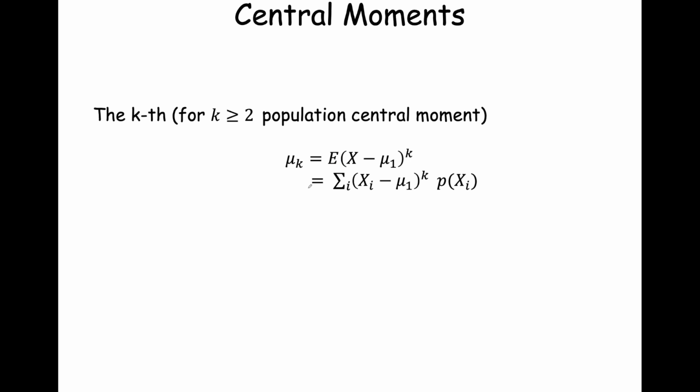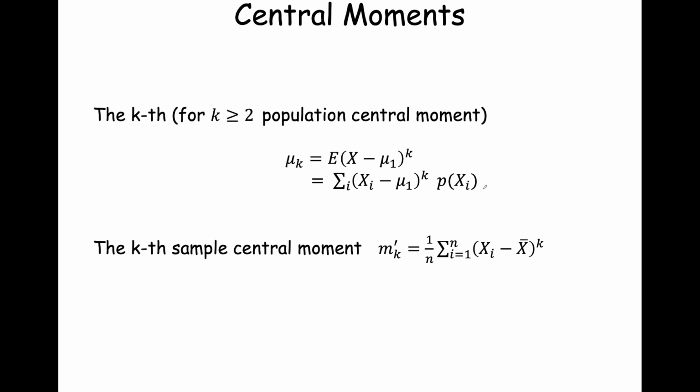And if we write this out longhand for a discrete distribution, this is equal to the sum of each xi measurement minus mu raised to the k power times the probability of xi. This is our kth population central moment.